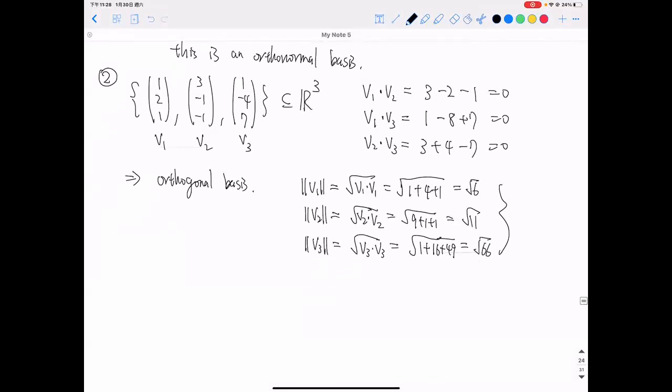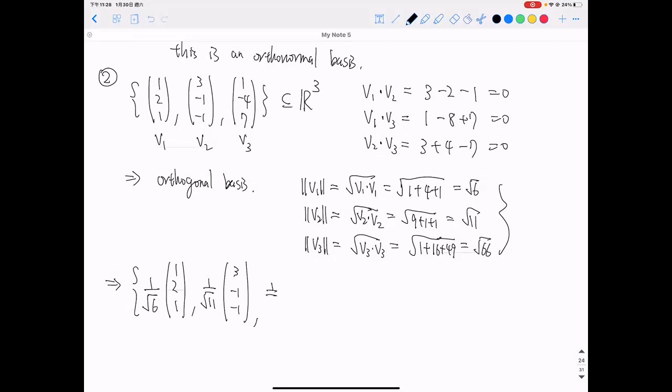Okay? But the only thing that fails for these 3 vectors to form an orthonormal basis is that these vectors are not of length 1.